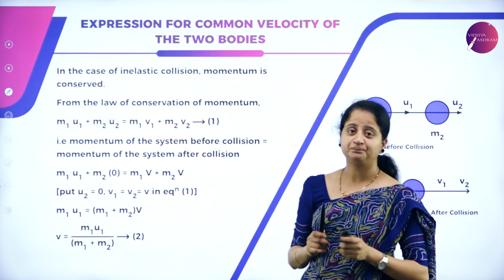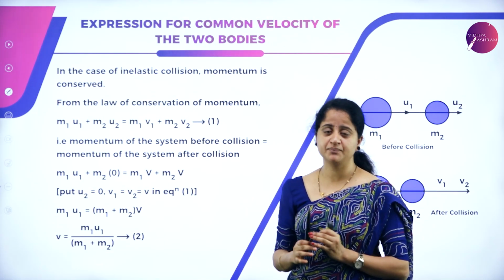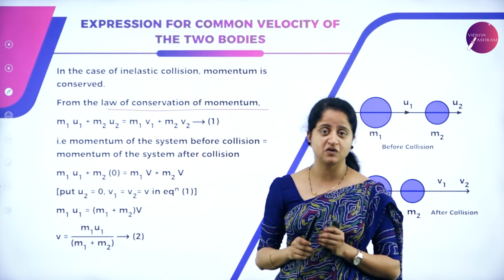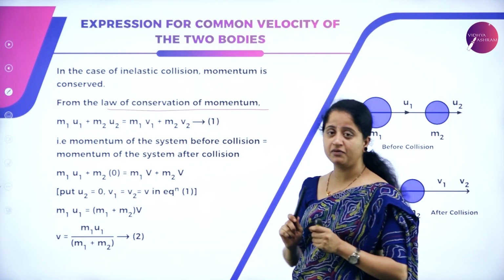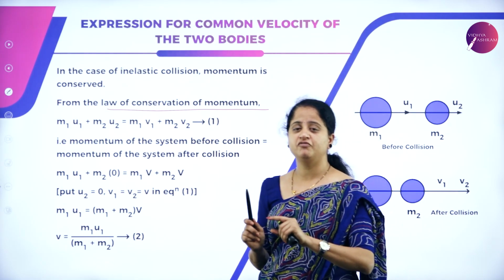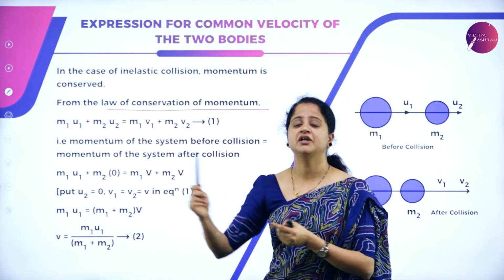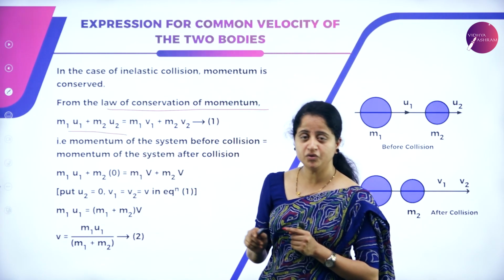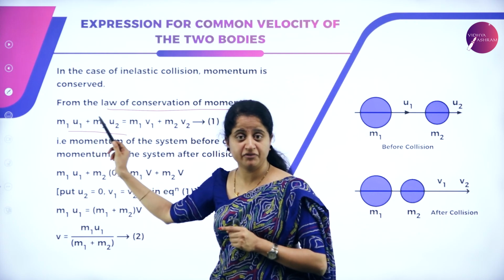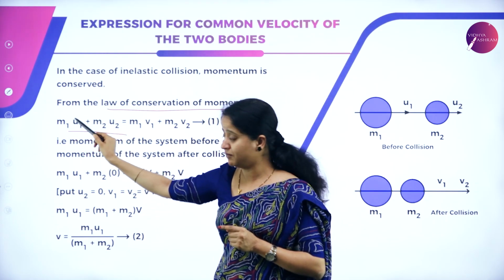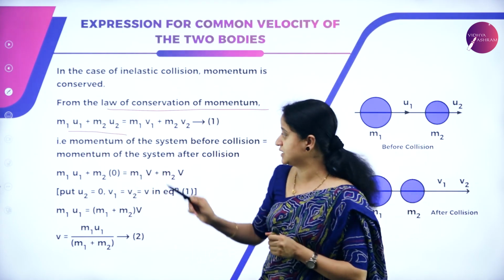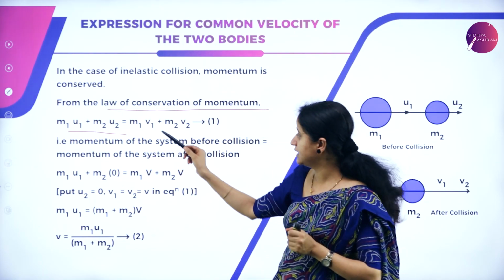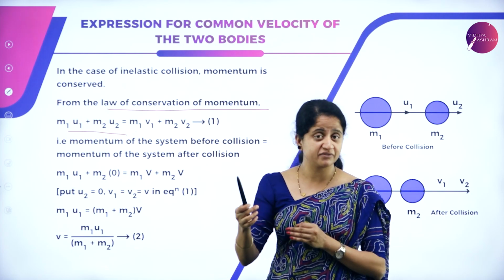So let us now consider the inelastic collision property where only the conservation of momentum is possible. From the law of conservation of momentum, momentum of bodies before collision is equal to momentum of two bodies after collision, that is m1 u1 plus m2 u2. This is the momentum of the system before collision, which means the sum of momentum of two bodies before collision is equal to the sum of momentum of two bodies after collision.